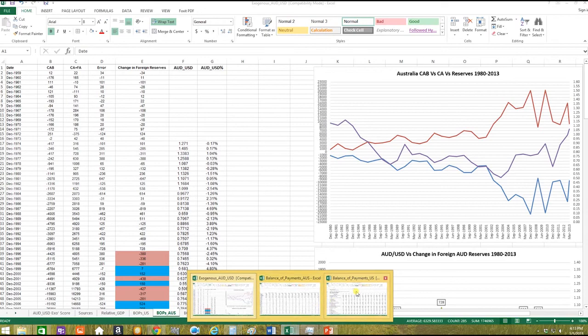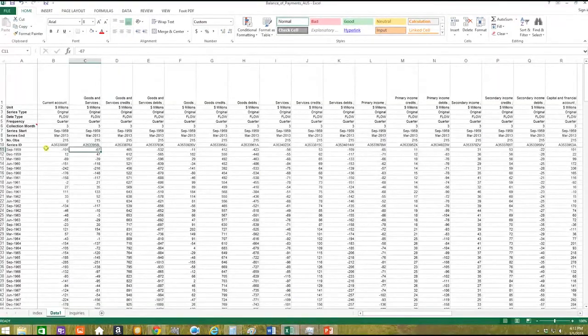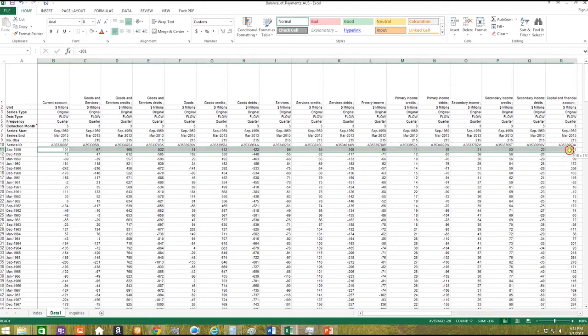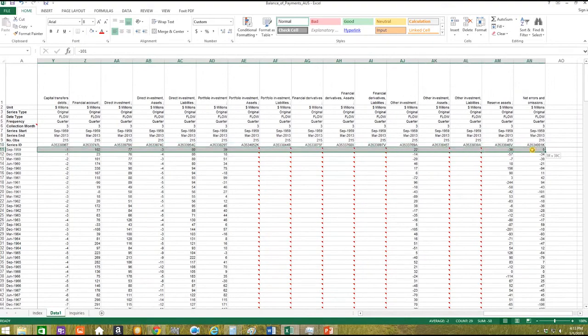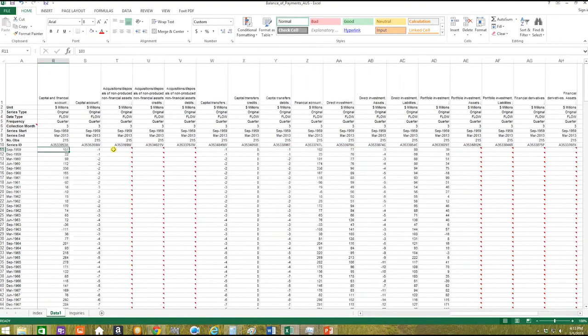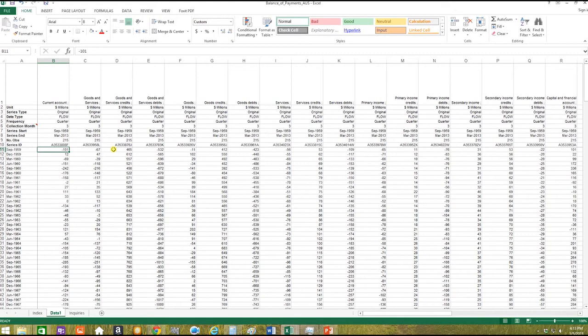What you'll essentially be downloading is a similar spreadsheet to the one we got when we downloaded the US trade data, where you have all of the trade data going back historically to 1959. And this represents all trade data across the current account balance, the capital account, and the balancing items.